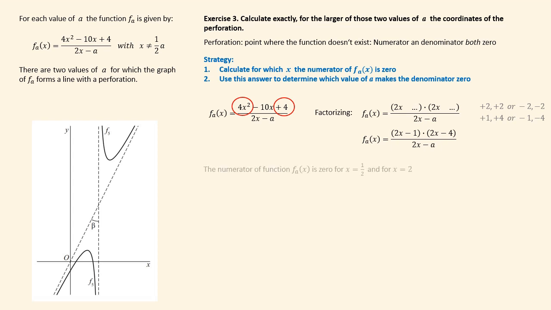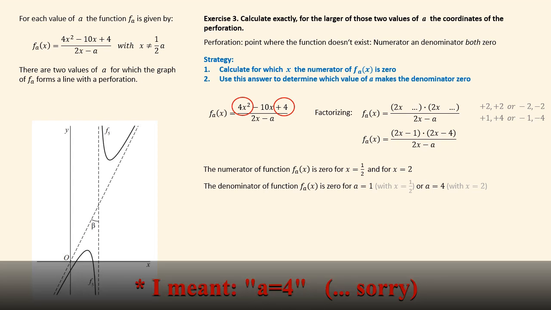So the numerator is 0 for x is either a half or x is 2. Thereby, substituting this in the denominator, we can see that the denominator of function fa of x is 0 for a is 1 if you used x is half, or a is 2 if you used x is 2.